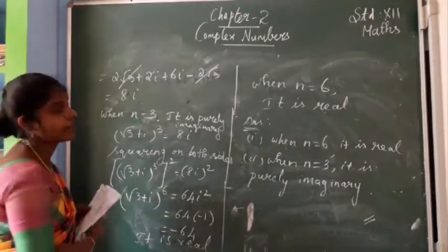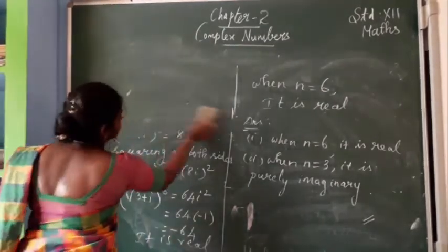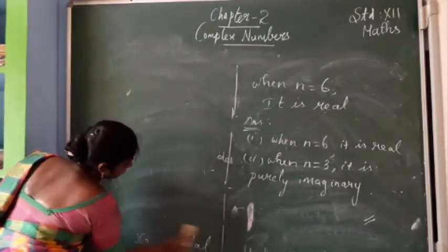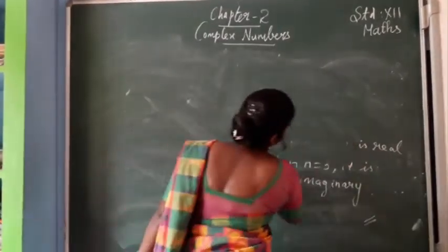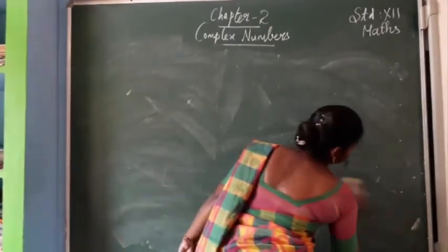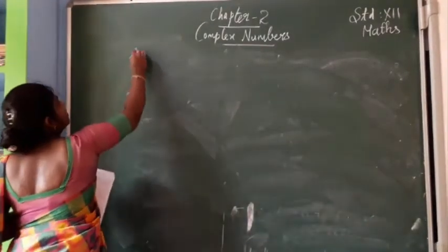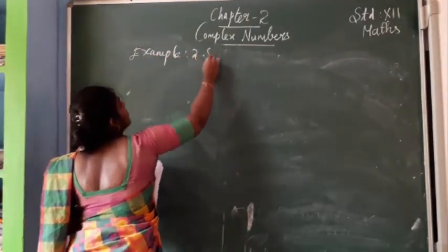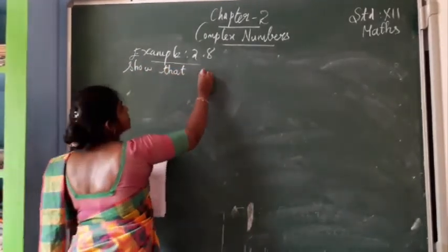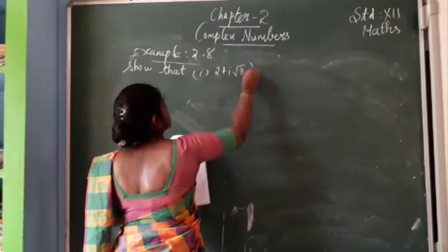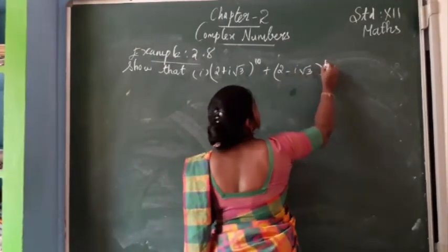Next question, example 2.8. Show that (2 plus i root 3) the whole power 10 plus (2 minus i root 3) the whole power 10 is real.